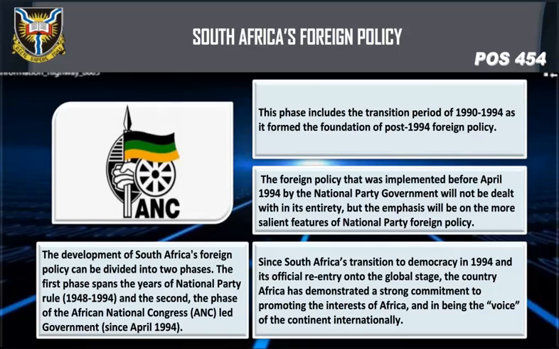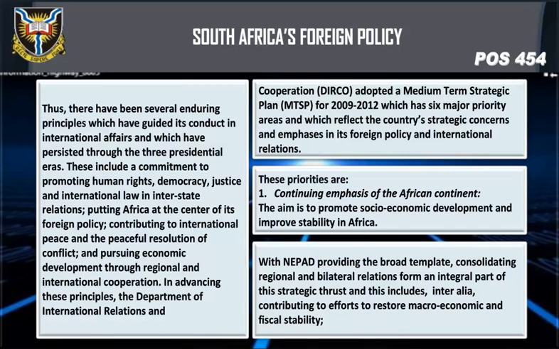Since South Africa's transition to democracy in 1994 and its official re-entry onto the global stage, the country has demonstrated a strong commitment to promoting the interests of Africa and being the voice of the continent internationally. Thus, there have been several enduring principles which have guided its conduct in international affairs and which have persisted through the three presidential eras.